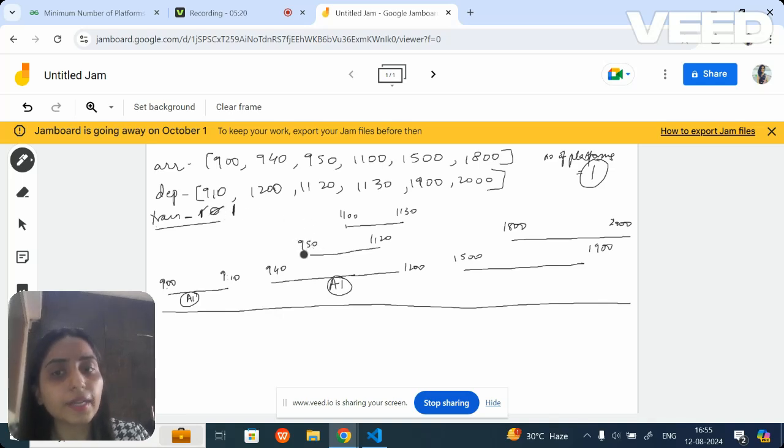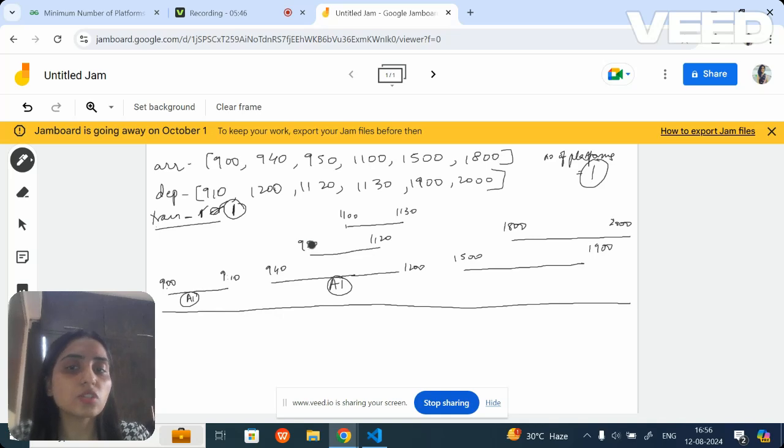At 9:50 another train comes. It checks, oh, the number of platforms is one. Let me check whether this platform is already occupied or not. Oh, it's already been given a time slot. A1 is that platform, and there is already a train there.